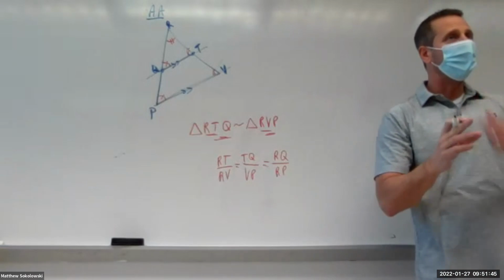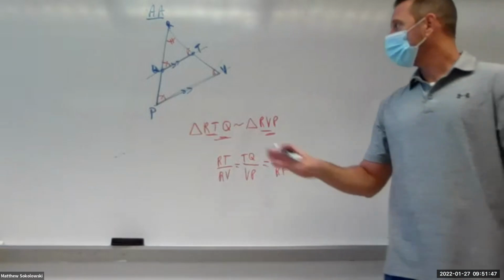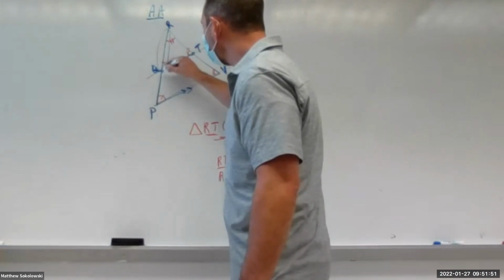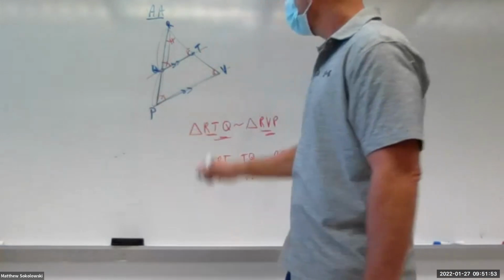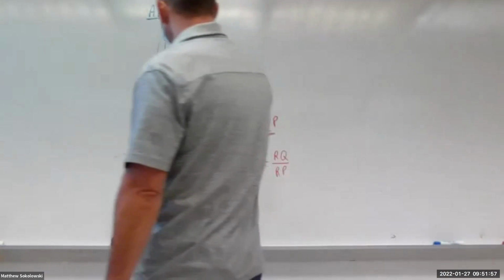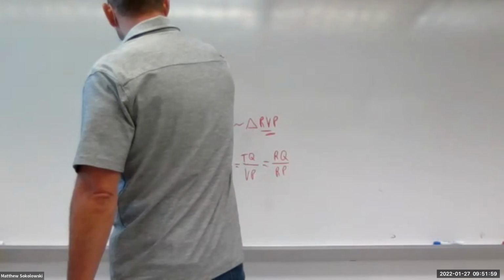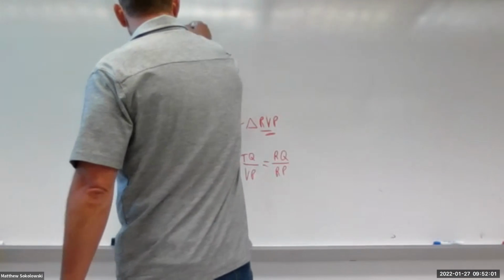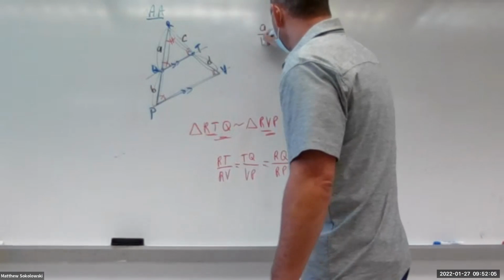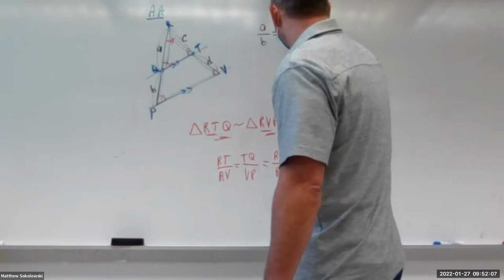It was called the side splitter theorem. So instead of using the similar triangles, you could just do this over this equals this over this. So if I labeled this A and this B and this C and this D, A over B equals C over D.